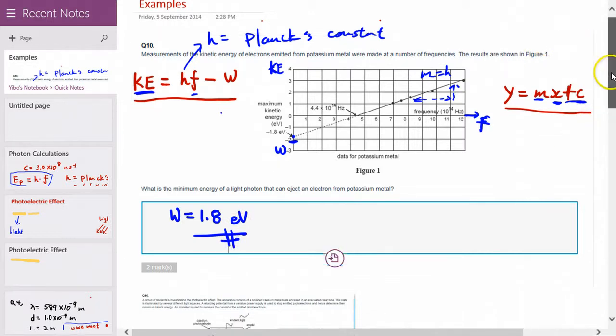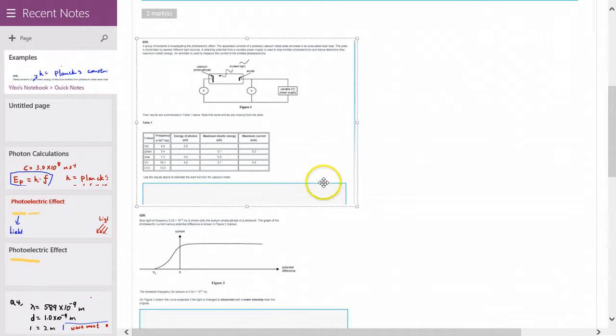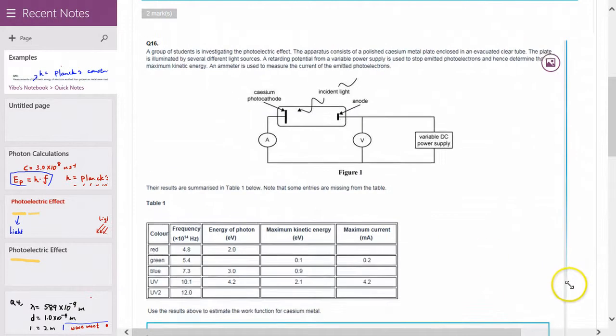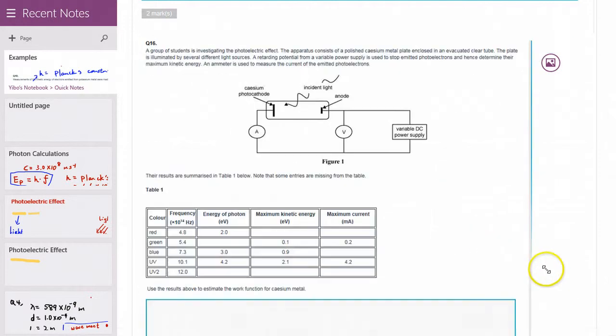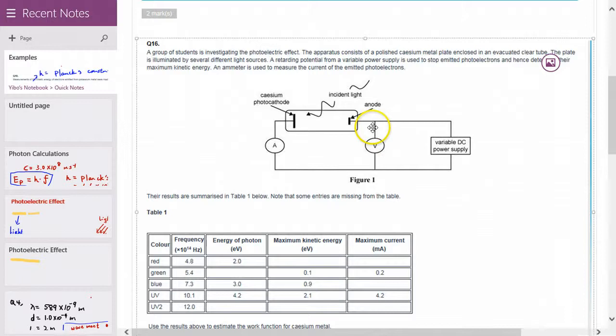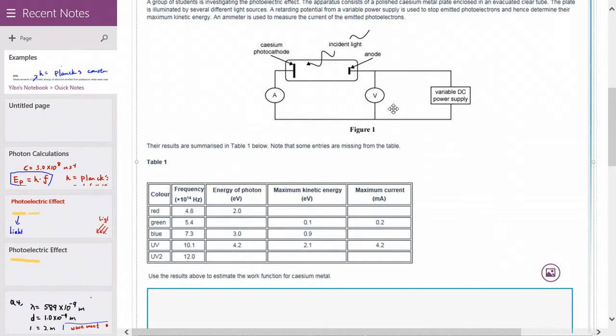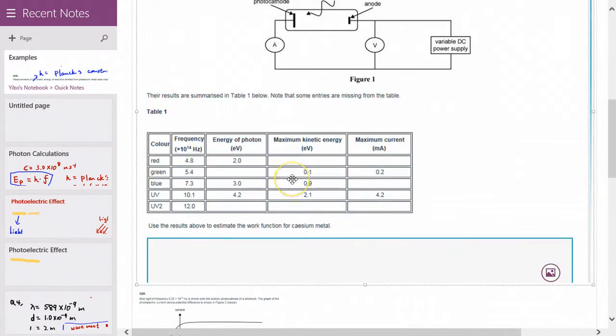Now let's go to question 2. In this question, we have an experiment, and the students set up this table.